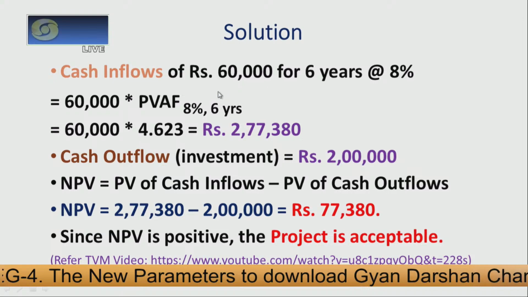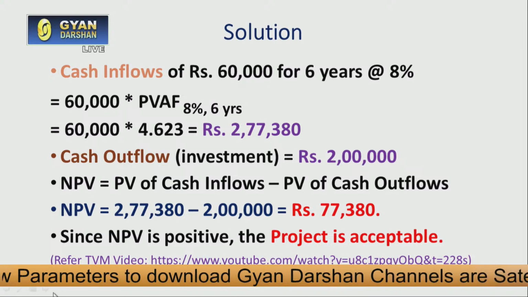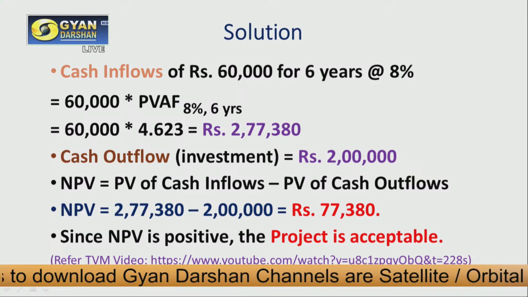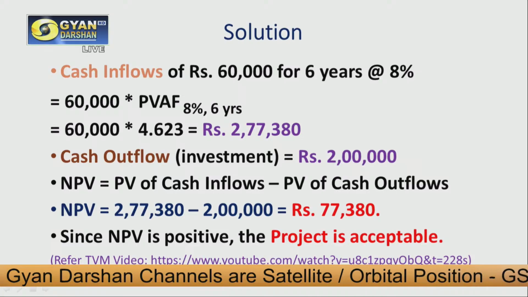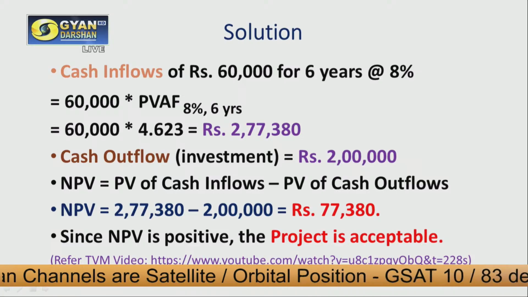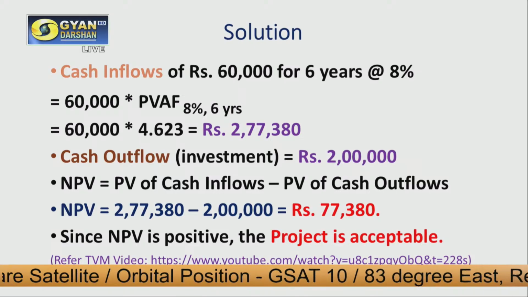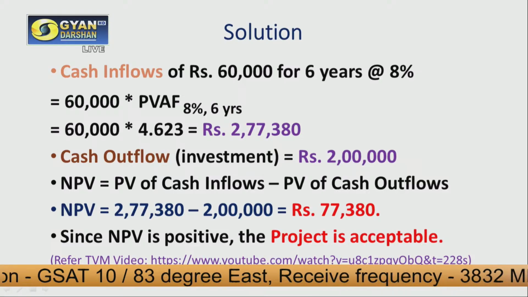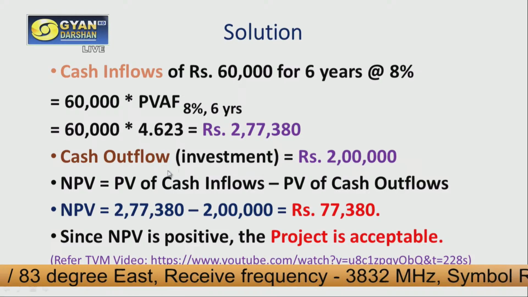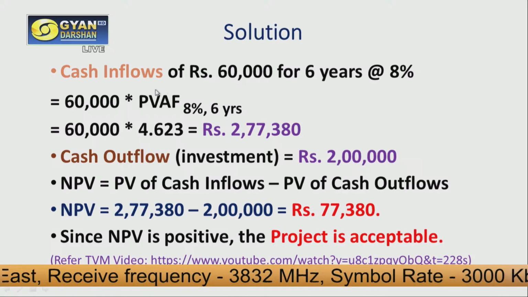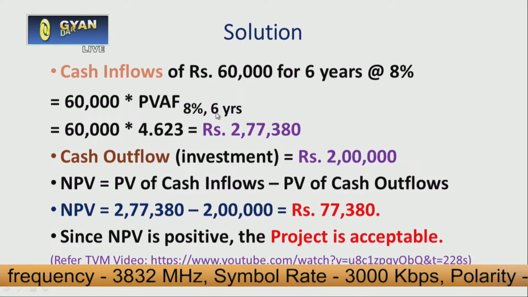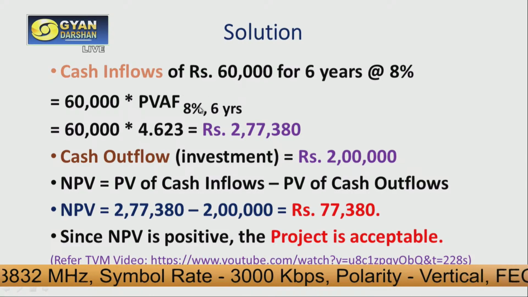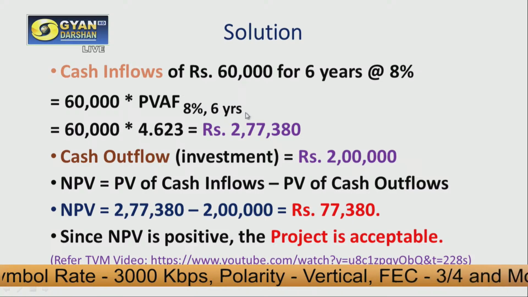We can get this value of PVAF from the PVAF table, about which we talked in one of the sessions on time value of money, for which the link is provided on this screen here. You can always refer to this concept from this link. In that session, I talked about how we can get the value of PVAF. By following that method, we get the value from the table under the intersection cell of 8% and 6 years.